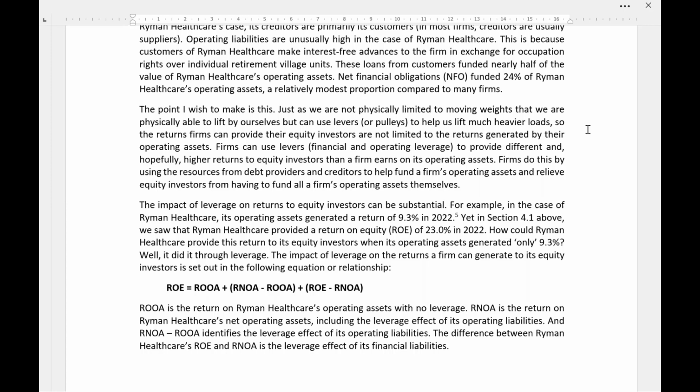Firms can use levers, financial and operating leverage, to provide different and hopefully higher returns to equity investors than a firm earns on its operating assets. Firms do this by using the resources from debt providers and creditors to help fund a firm's operating assets and relieve equity investors from having to fund all a firm's operating assets themselves.